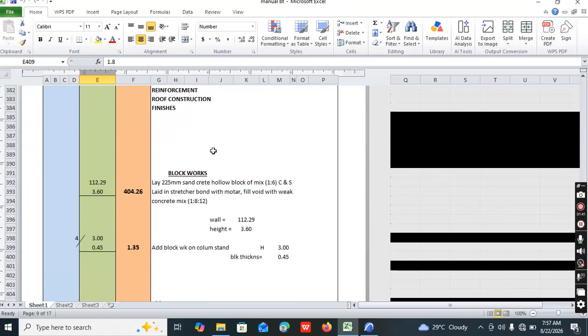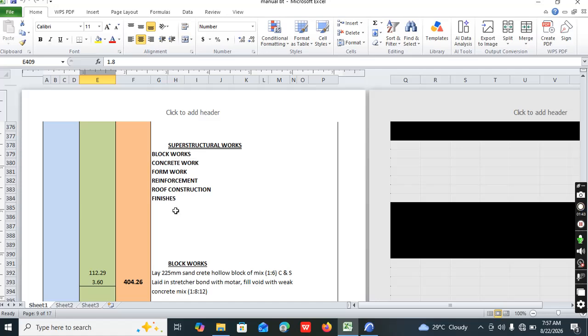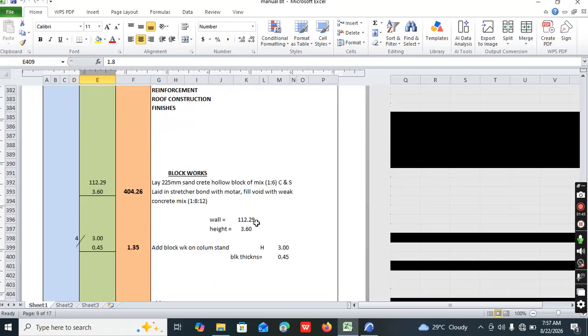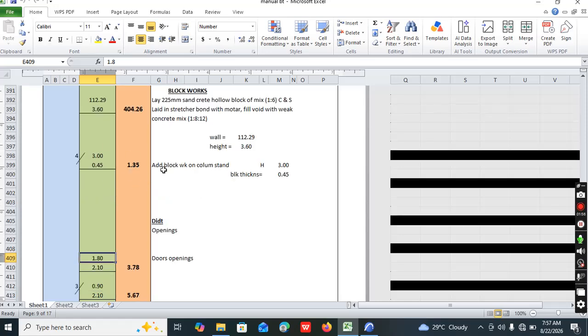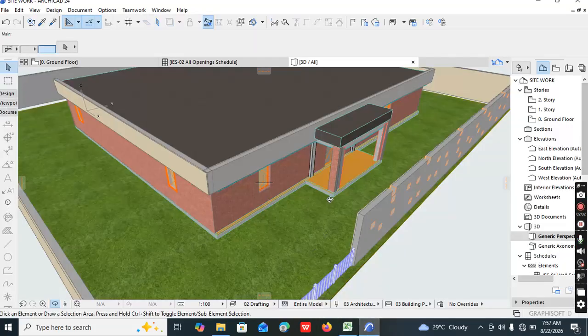Here we can see that we have the total area of our wall, and the height of our wall is 3.60. Now we also need to add block wall on the column. See the block wall.